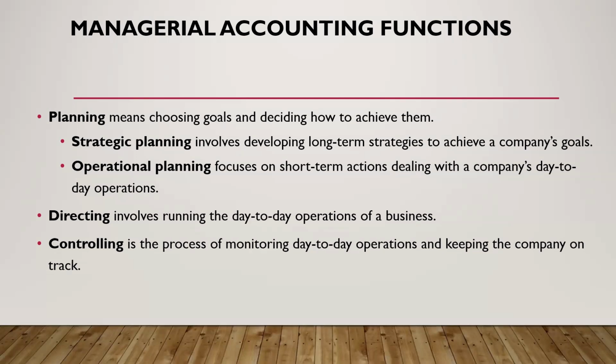Operational planning, on the other hand, focuses on short-term actions dealing with a company's day-to-day operations. Operational plans are most often 1 year in length, but may also span only a week, a month, or even a quarter.